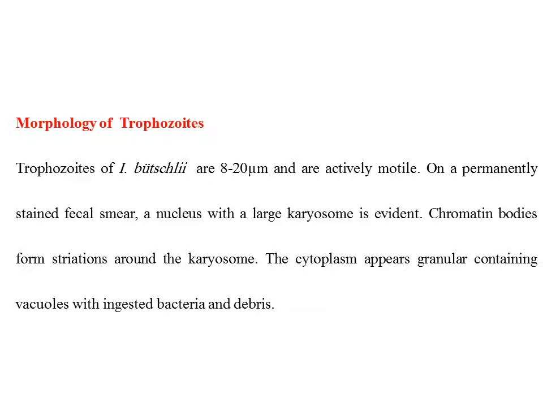So these are the unique, specific criteria that represent this stage of the protozoa. And the cytoplasm appears granular, containing vacuoles with ingested bacteria and other debris, food, bacteria, and others.